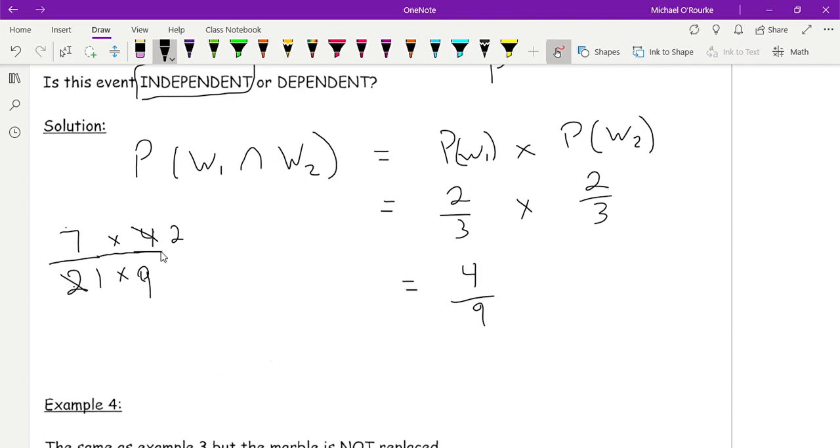Because it's kind of like a divide. But since you can't divide 2 by 3 evenly, at worst, if you just want to do it in your calculator, that's fine as well. So there's your probability there.